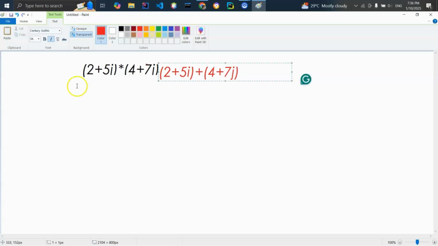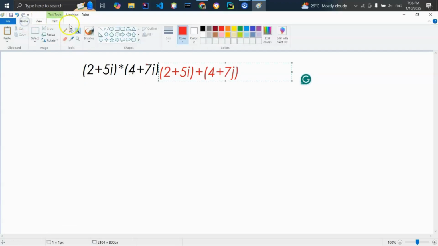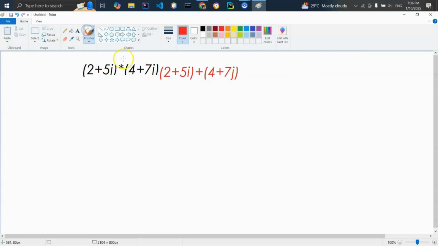In this case, you should add the numbers separately.